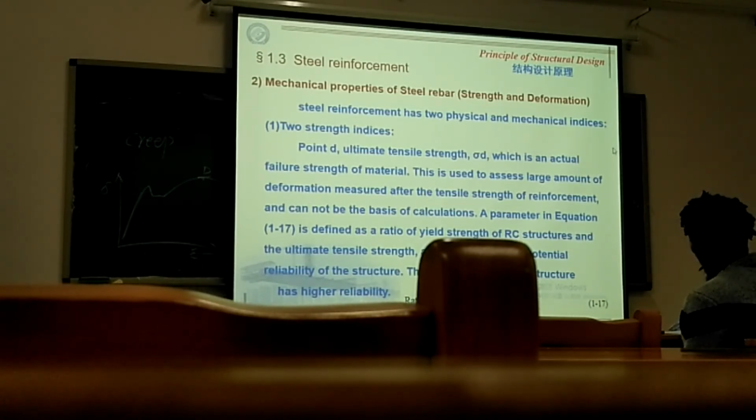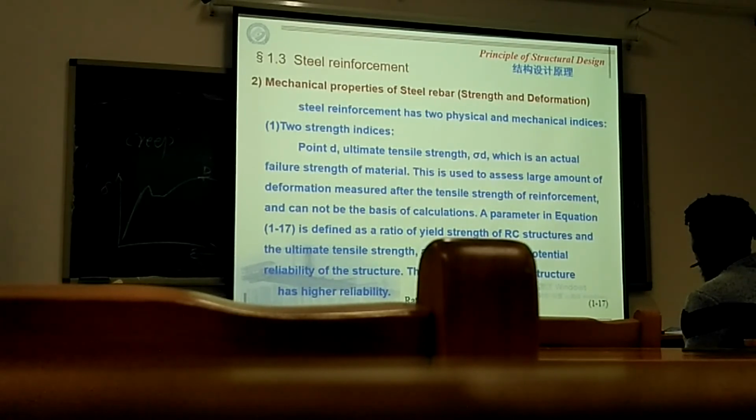So this is used to assess the large amount of deformation, and cannot be the basis of the calculation. Equation 17 is defined as the ratio of the yield strength to the ultimate tensile strength, and it can indicate the potential reliability of the structure.